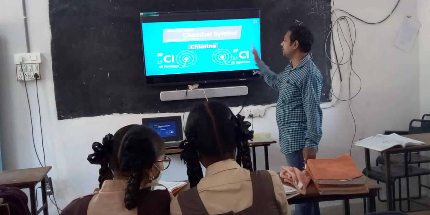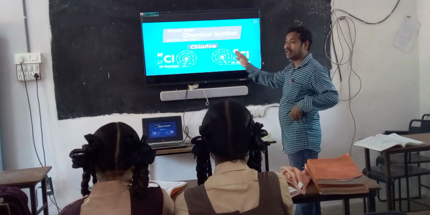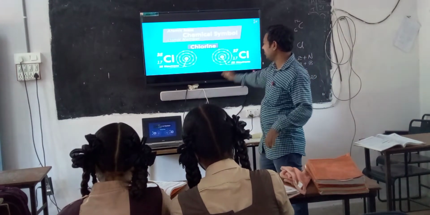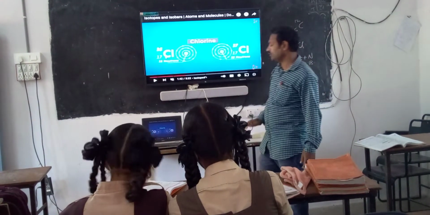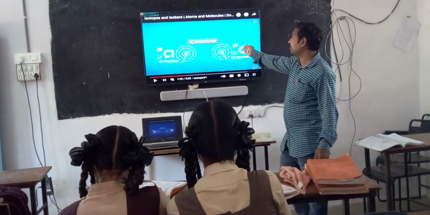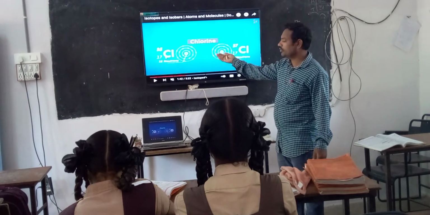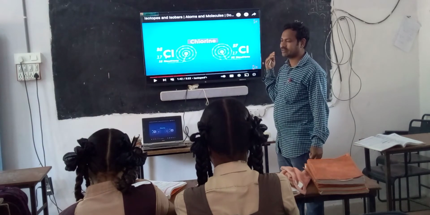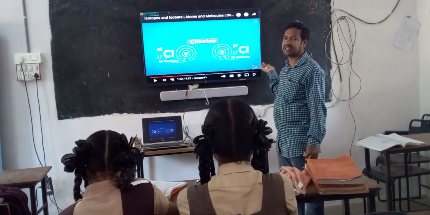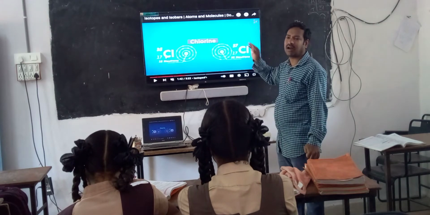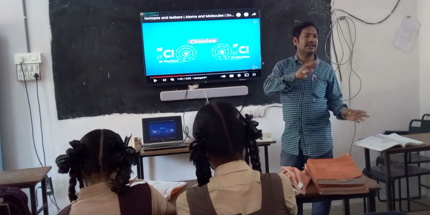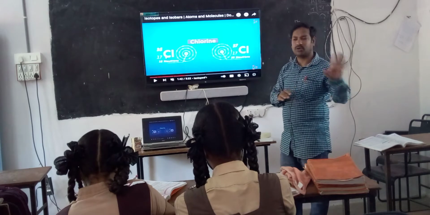So two different types of the same element. What is the difference between them? The atomic masses are different, which means the number of neutrons is different. Protons are the same, neutrons are different. Such elements are called isotopes.